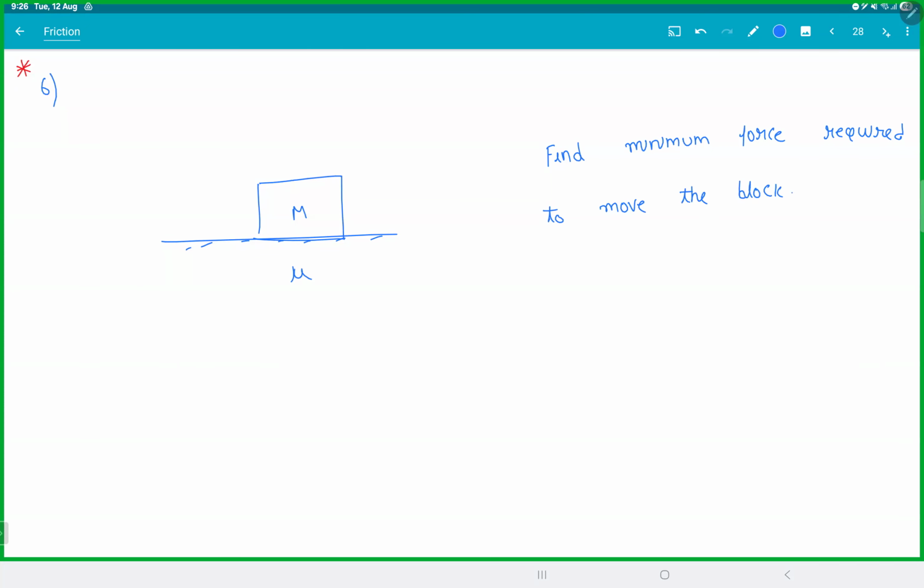This is the kind of question you'll see in BITS. You know the result, you just take it and go ahead. That's it. What is the minimum force? You can apply one force on this block. What is the minimum value required to move this block? Mass is m, friction is mu, gravity g.